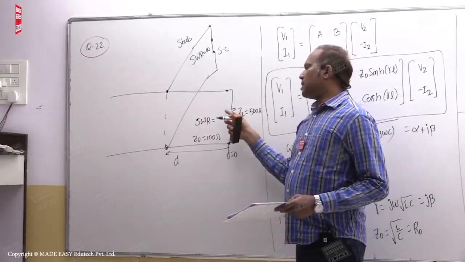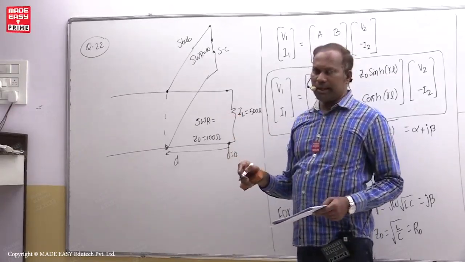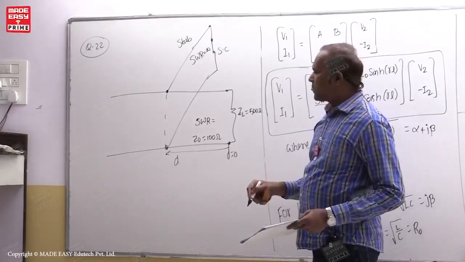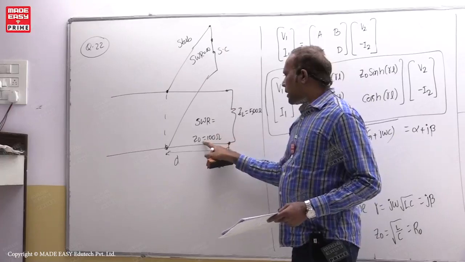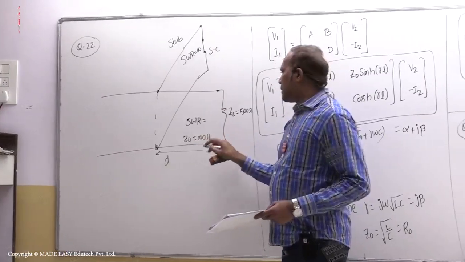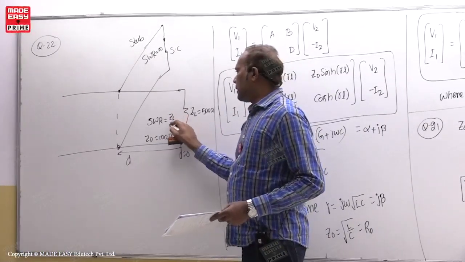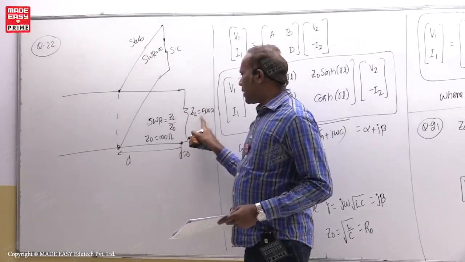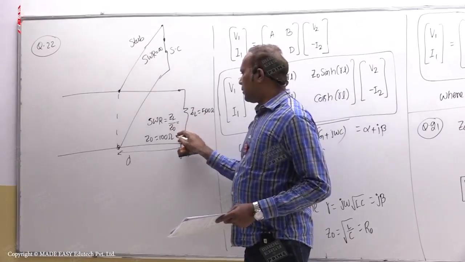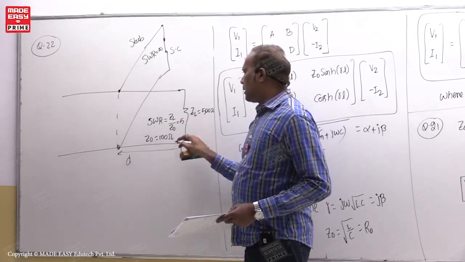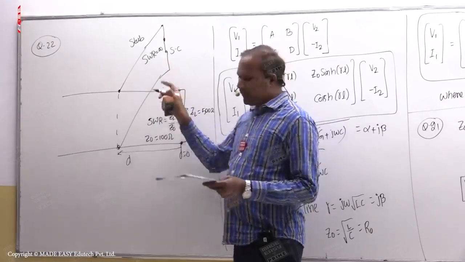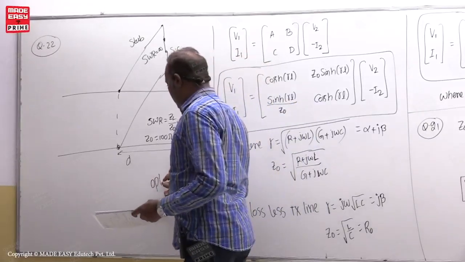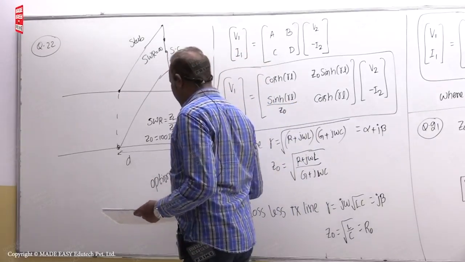Then 1 plus mod gamma L by 1 minus mod gamma L is VSWR. But no need to use that formula, a shortcut formula is there. If ZL and Z0 are real, then SWR is equal to ZL by Z0. So SWR here is 500 by 100, that is equal to 5. So the answer is 5, infinity respectively. So the option is D.